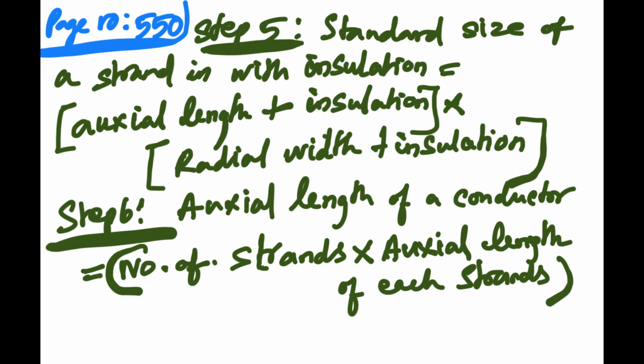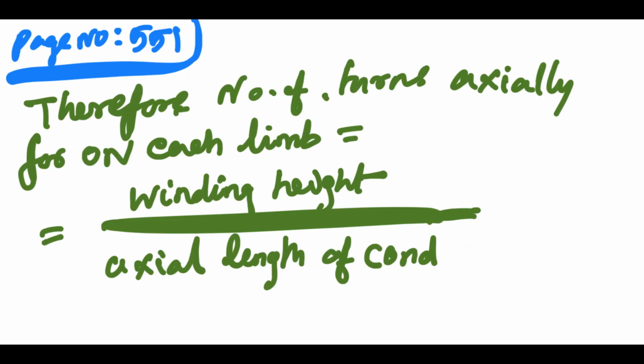Step 6: axial length of a conductor is equal to number of strands into axial length of each strand.